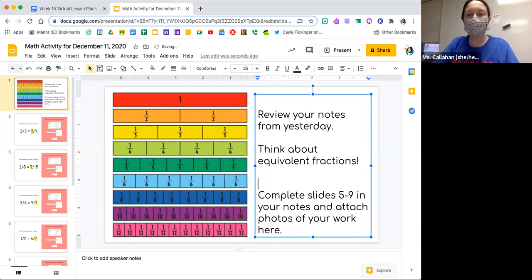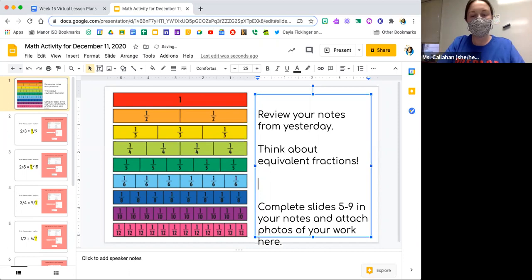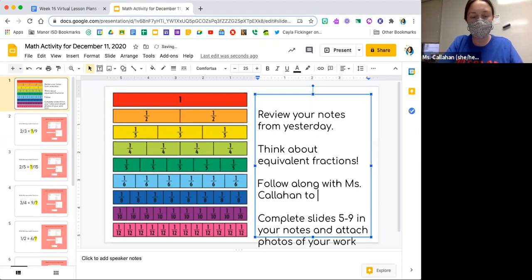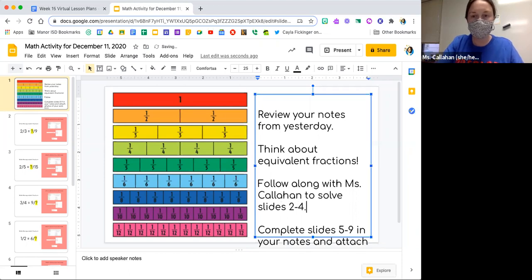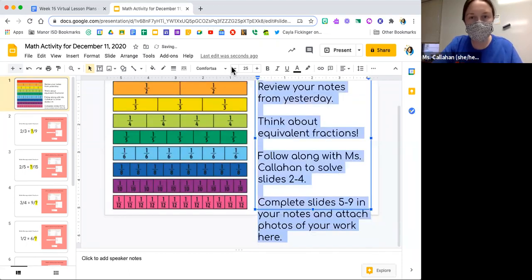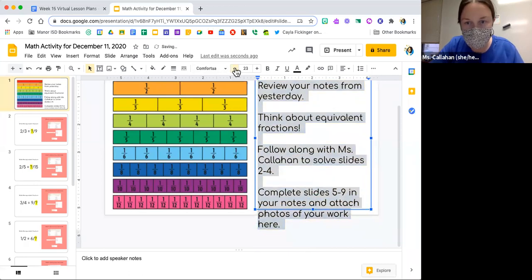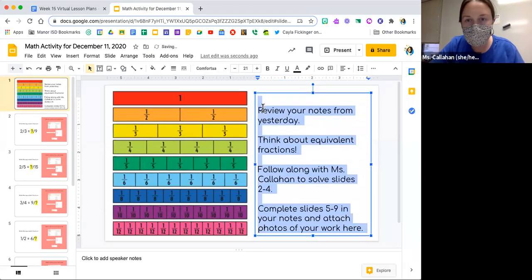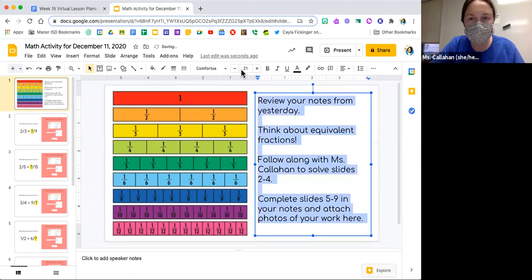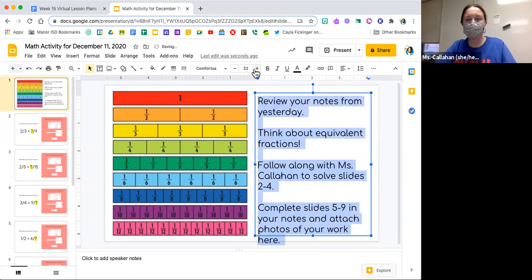And then follow along before you do 5 through 9 independently, along with Miss Callahan to solve slides 2 through 4. Okay, so I'm gonna just make this a little bit smaller so it doesn't look all crazy. Okay, and you're gonna follow along with me. Okay, let's get it started.